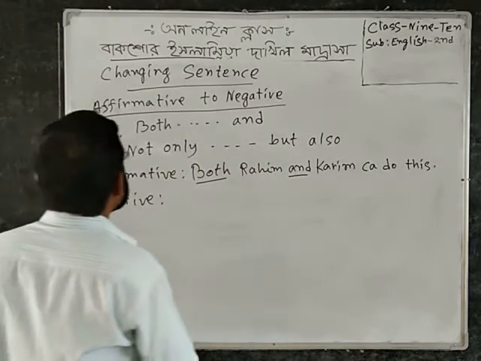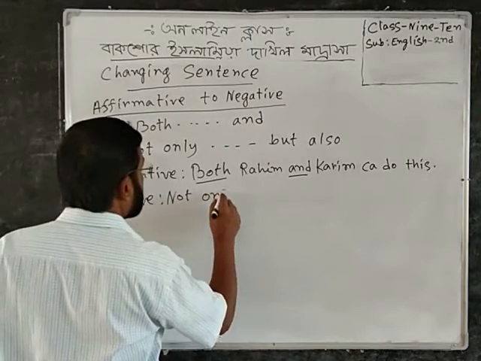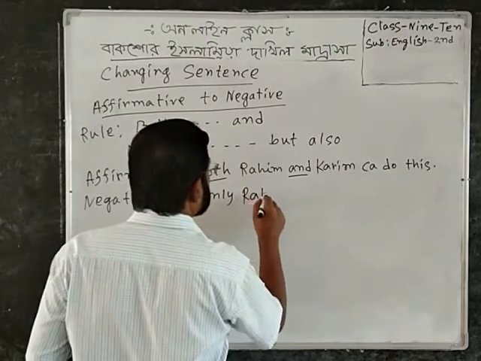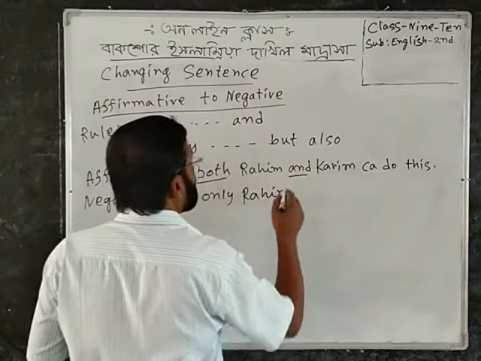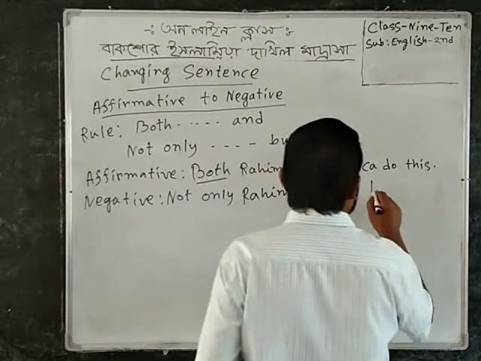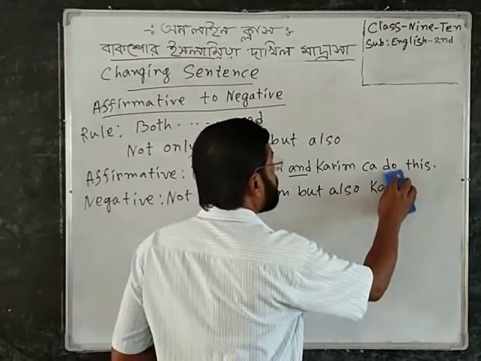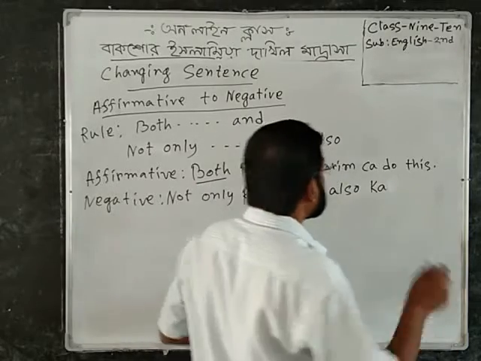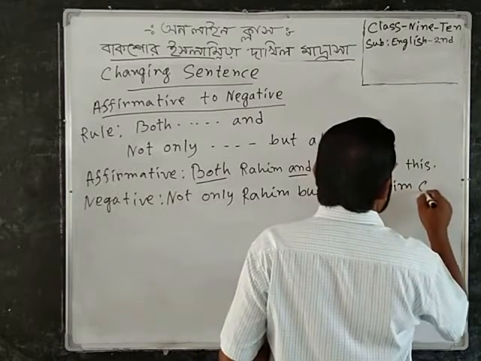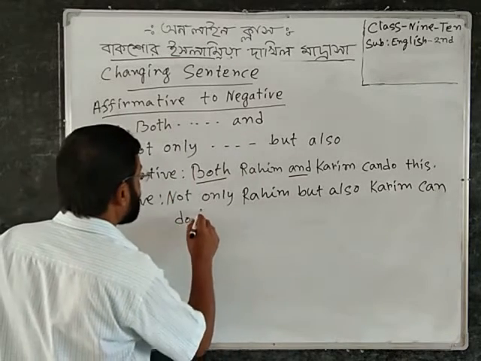Then the sentence is: not only Rahim but also Karim can do this.